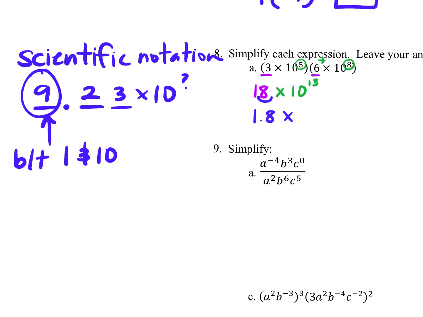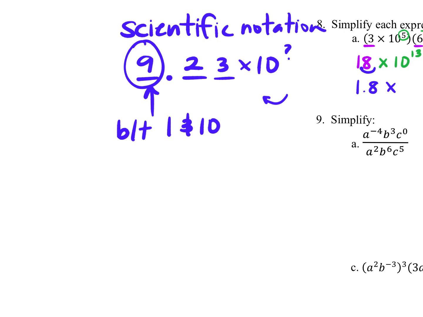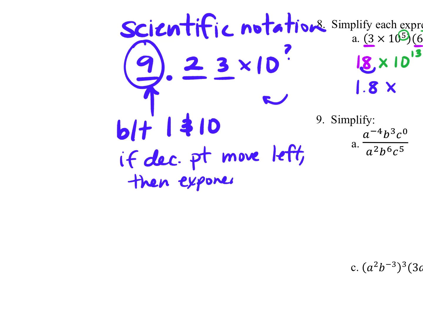Maybe you want to remind yourself of this some way too. If your decimal point goes left, then your exponent goes up. Okay? Maybe I don't know how you want to write that. If decimal point moves left, then your exponent gets bigger.